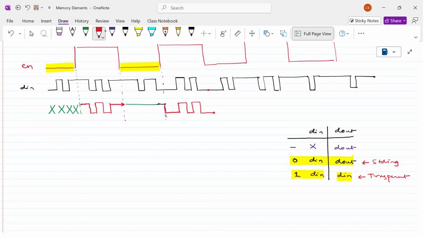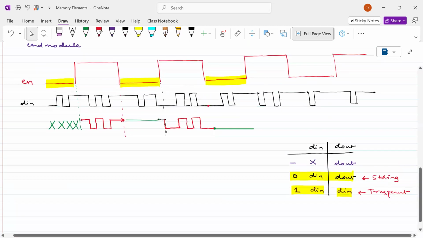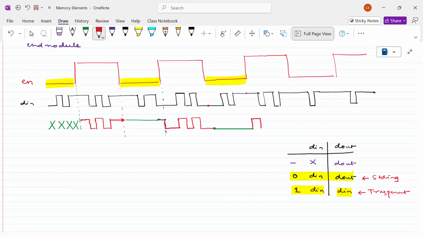At this point, again you see the logic low value. Whenever the logic low value is there, the previous value will be continued. Next, what happened here? Since the enable signal is high, the input is transparent.